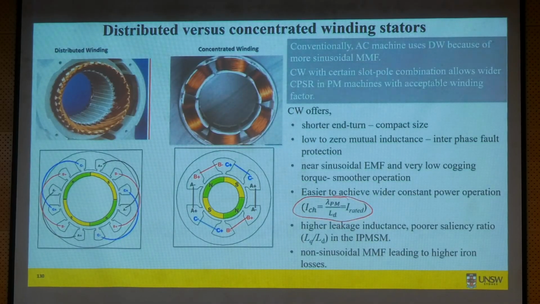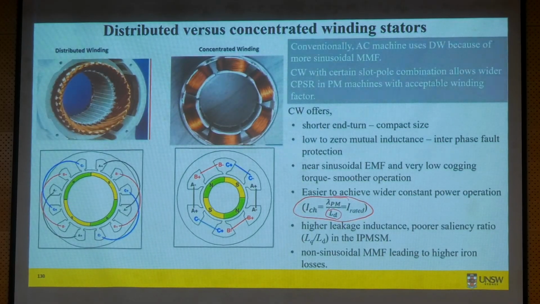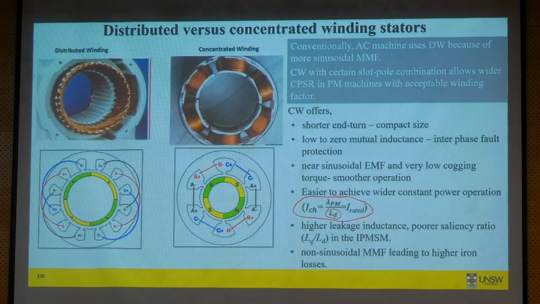So using concentrated winding, Ld can be increased because they have larger leakage, and you can make this ratio equal to rated current, close to rated current, or even smaller than rated current. By doing that, the SPM motor was able to also have flux weakening because of this characteristic.